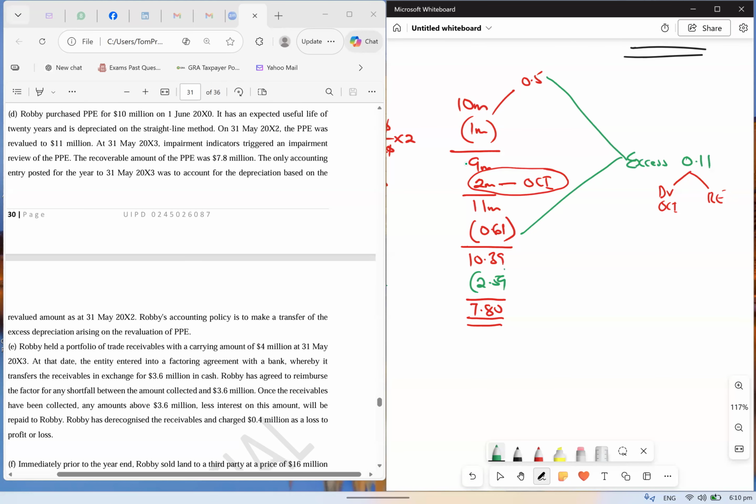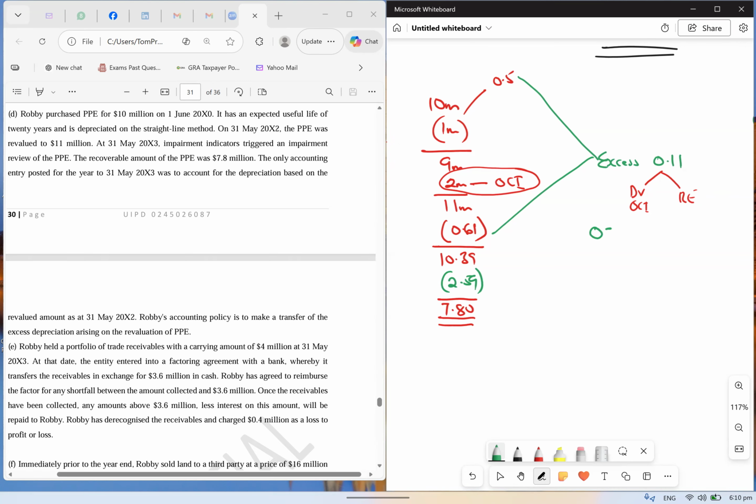So now the impairment, you see, the OCI, you already had 2 there. And you are meant to reduce the OCI by 0.11. So the OCI balance is how much now? It's 0.5 plus 0.61 minus 0.11 now.